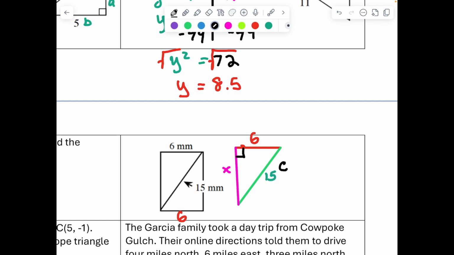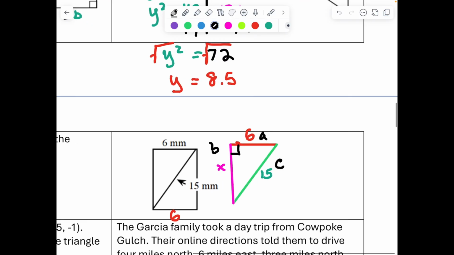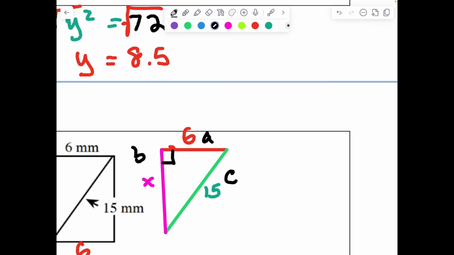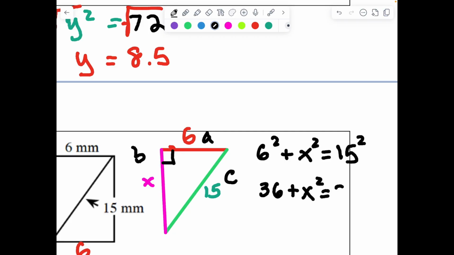So again, I'm going to label my sides. The longest is C, and then A and B are interchangeable. I'm going to set up my equation. A squared, so 6 squared, plus B squared equals C squared, so 15 squared. If I simplify, this is going to be 36 plus x squared equals 225, okay?